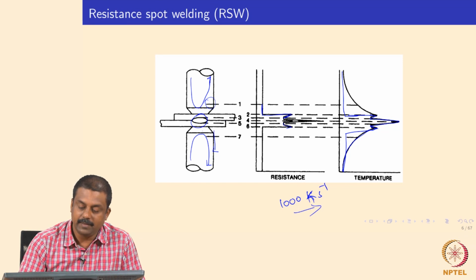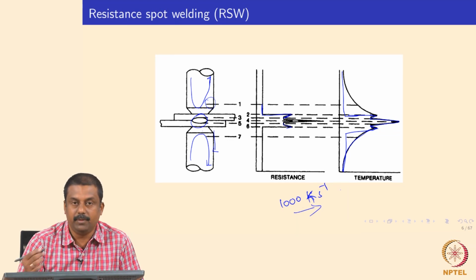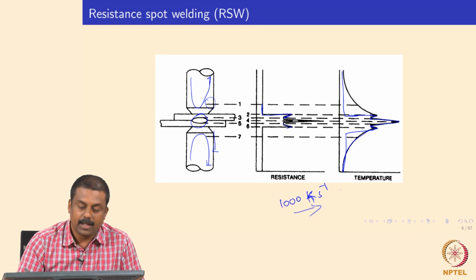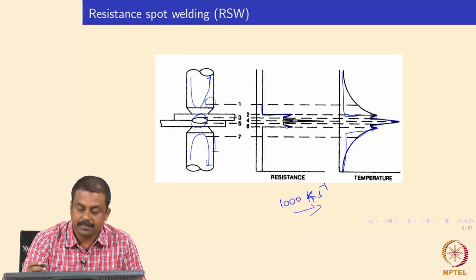But now you can say that the cooling rate to which we subject the weld nuggets is in the order of a few thousand Kelvin per second, and this is due to the effective water cooling of the copper electrodes we actually use for welding.